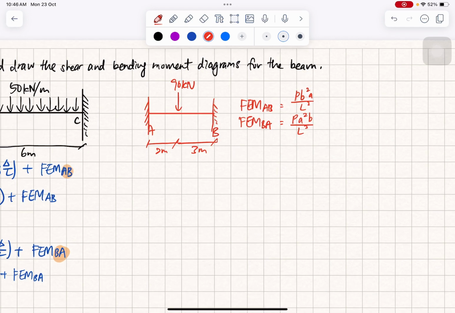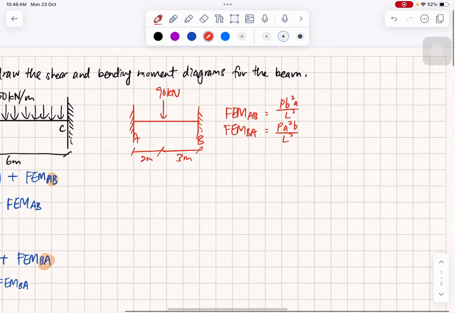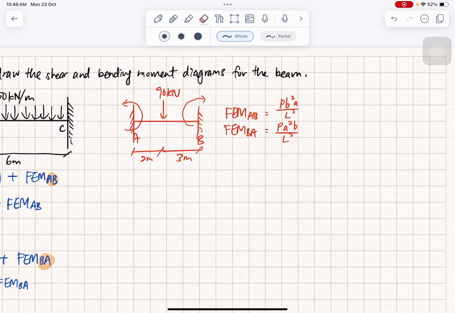Okay, you have to remember, in fixed end moment, the left one is always anti-clockwise and the right hand side is always clockwise. Anti-clockwise is negative and clockwise is positive, so remember to put the sign.